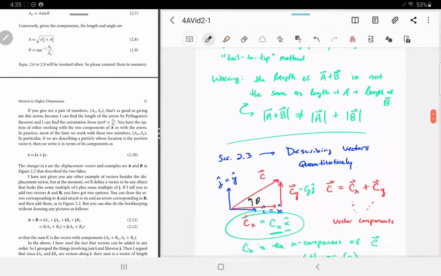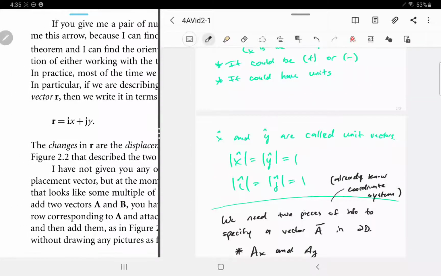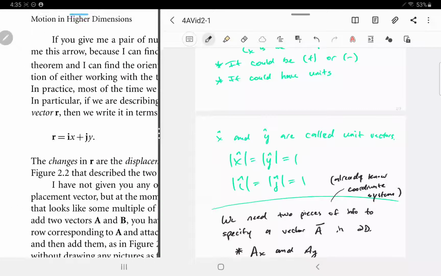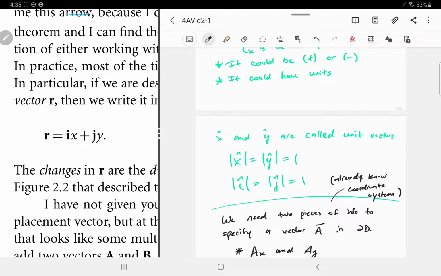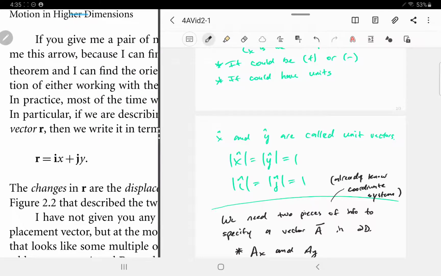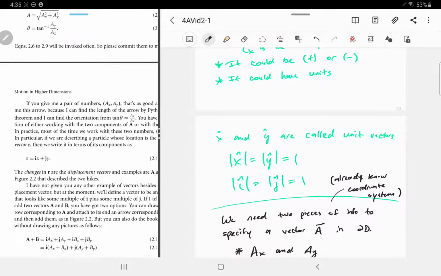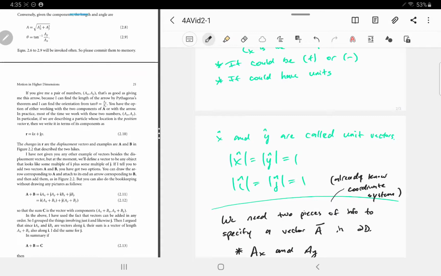So I said sometimes I'll use x hat and i hat interchangeably. Other times I'll be a little bit more careful, with x as the coordinate and i hat as the basis vector. So here the book is distinguishing the two, but we also do that in handwriting using the hat as the unit vector, the basis vector, and then something without a hat is a component, if not magnitude.